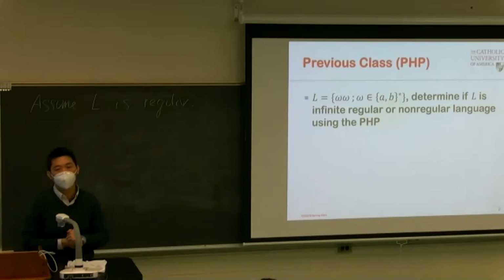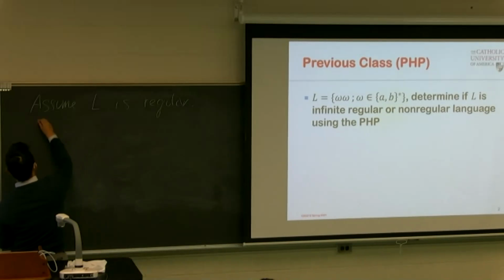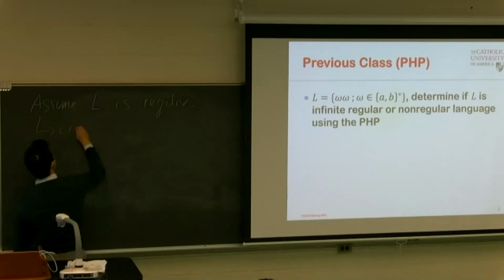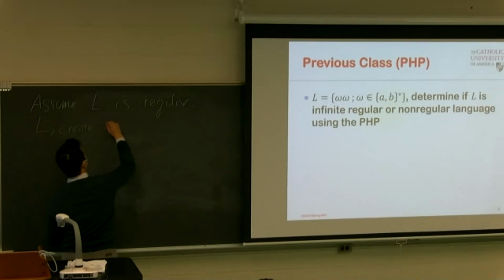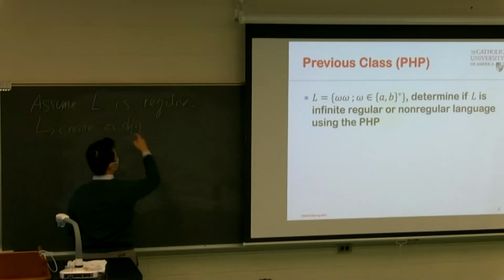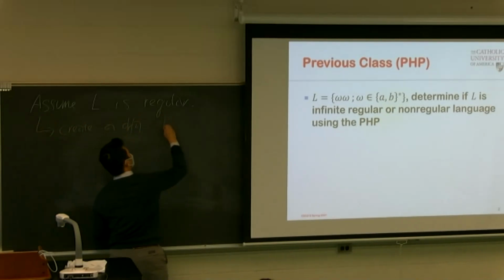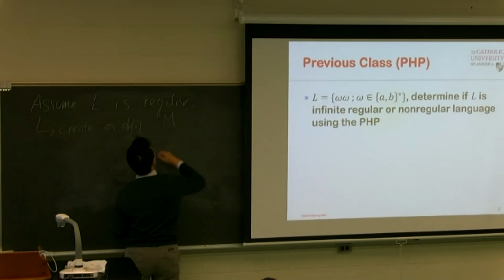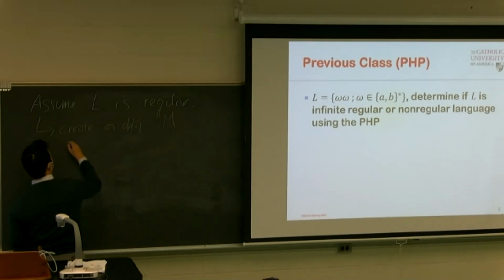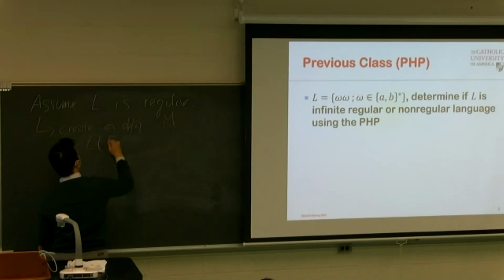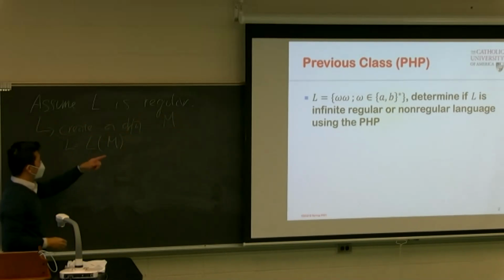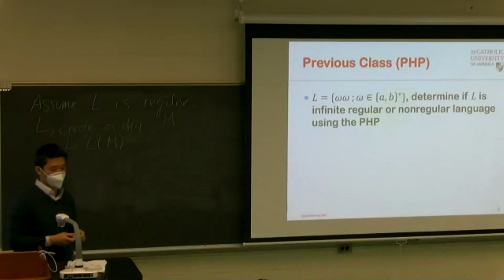Then we can make a DFA for it. So we can create a DFA that can accept the language, describing the relationship.